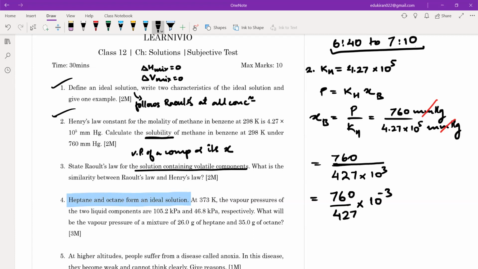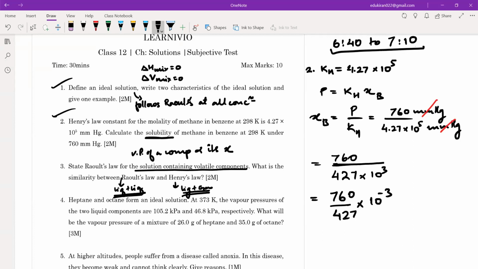Now, what is the similarity between Raoult's law and Henry's law? There are two major similarities. First of all, Raoult's law is applicable to liquid plus liquid solution, and Henry's law is applicable to liquid plus gas. Here both components are liquids, and here one is liquid, the other is gas.